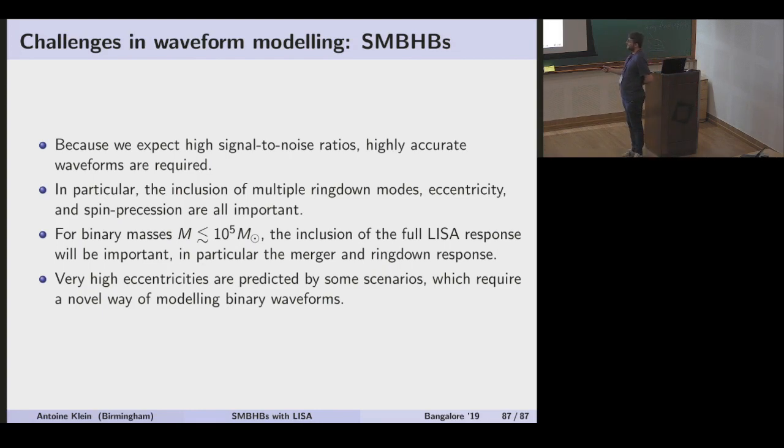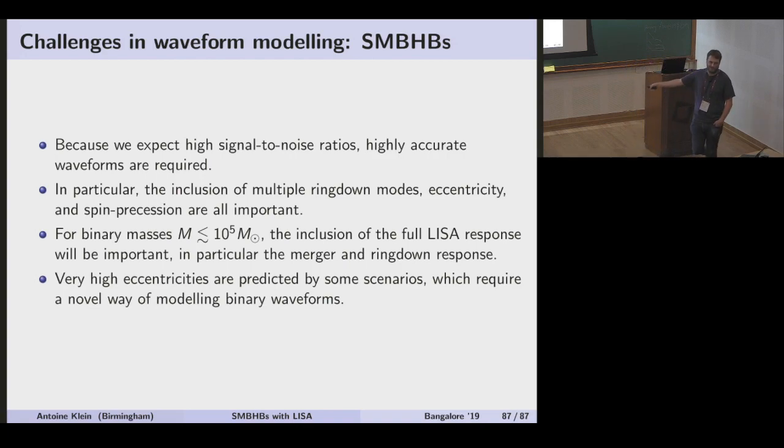In this case, if you have low mass systems, then in the merger, you reach the higher end of the LISA band. So you reach the TDI regime, where you cannot just use the low frequency approximation.